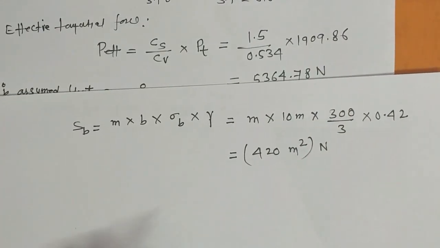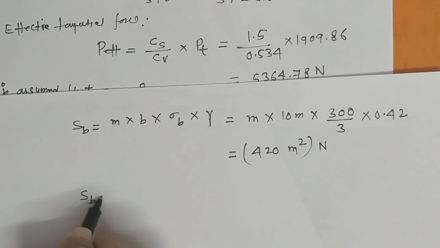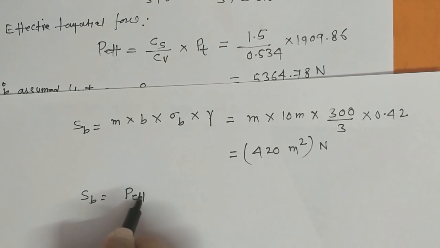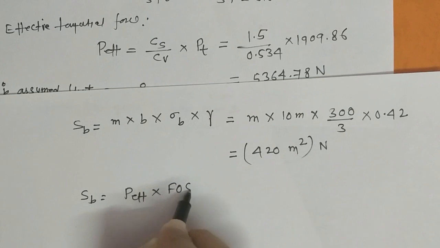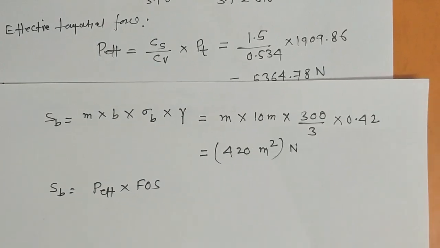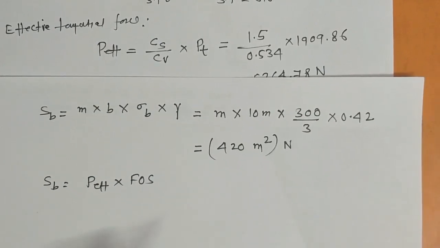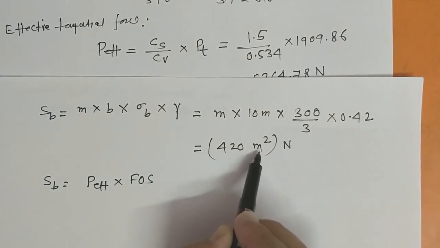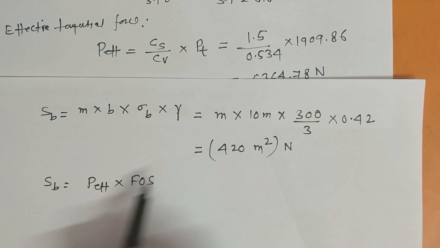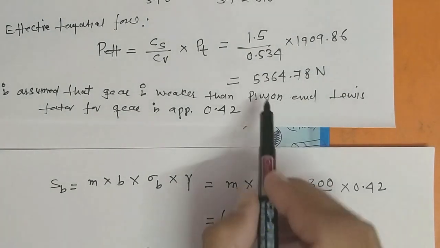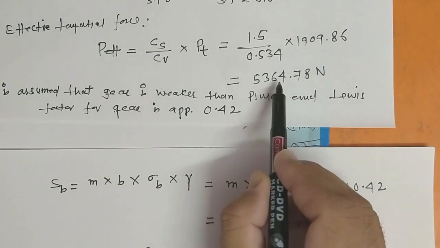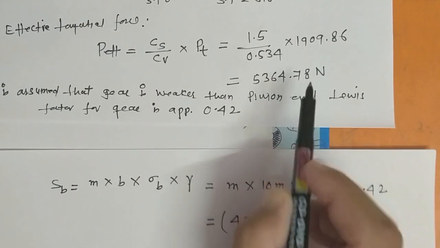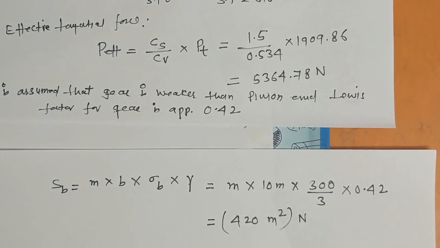So SB equals P effective multiplied by FOS, factor of safety. By putting the value of SB as 420 module square, P effective was 5364.78 and factor of safety is 1.5.